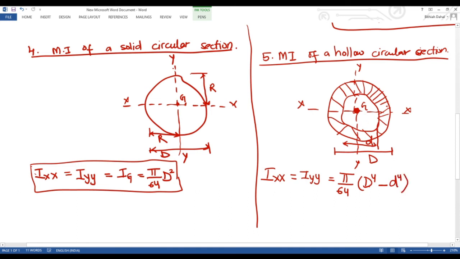Small d signifies the diameter of the inner smaller circle. So this will be my moment of inertia for a hollow circular section.